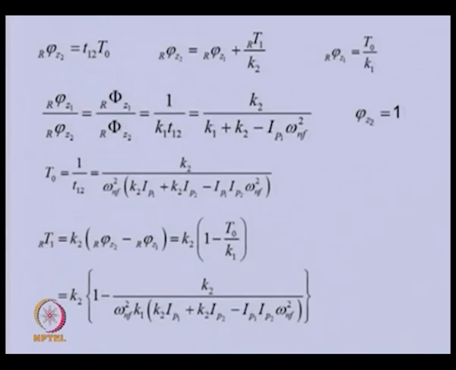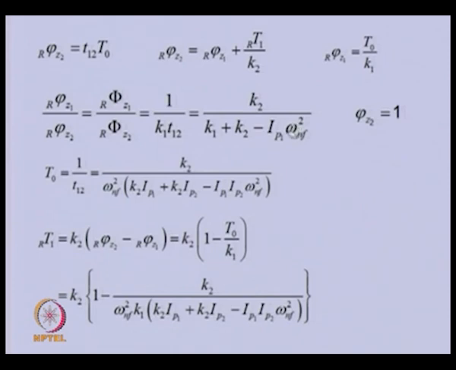So you can see that we are relating the field variable at station 1. Once we know this, we can get the field variable here, and we can even take the ratio of these two. The ratio is in this form, in which natural frequency is one of the terms.